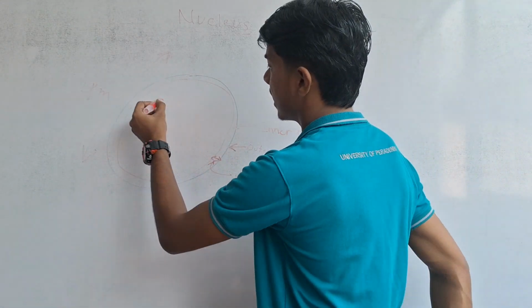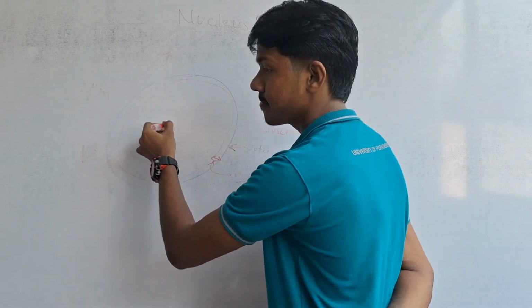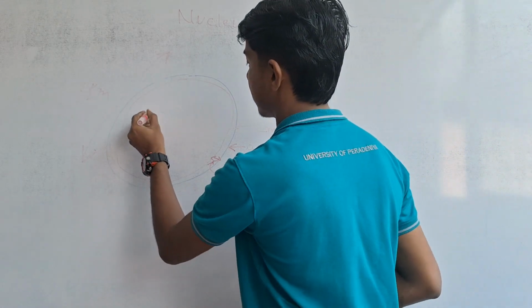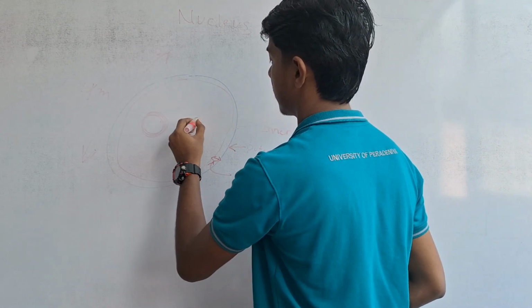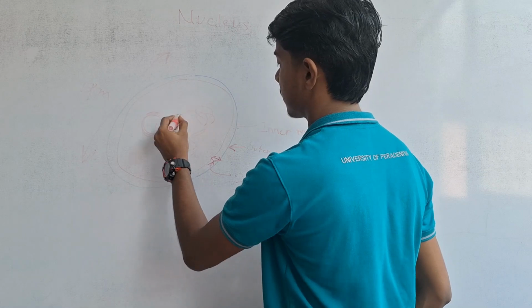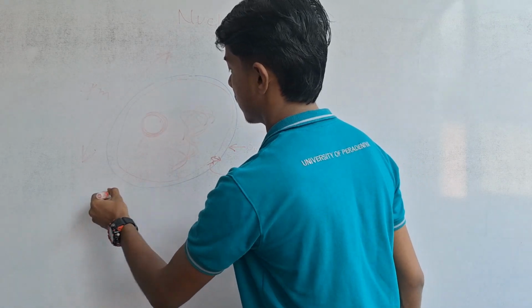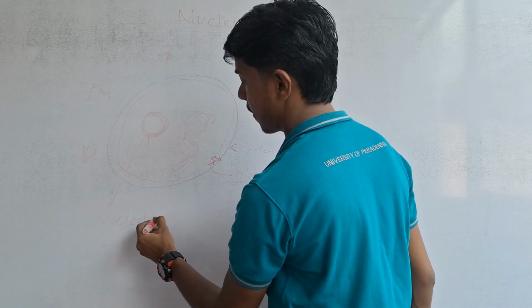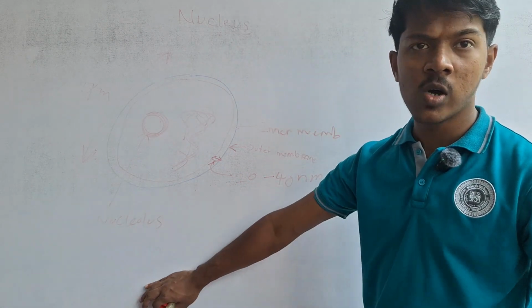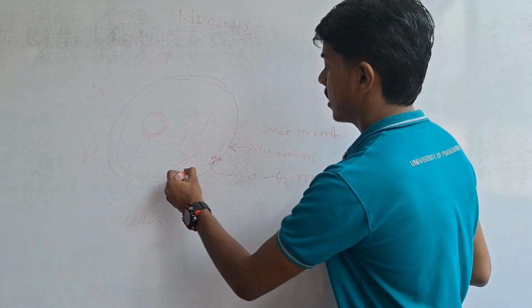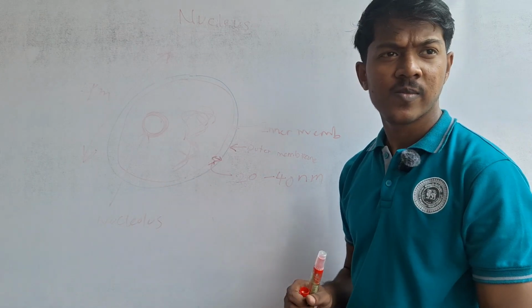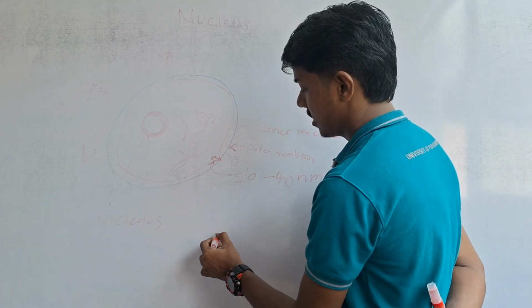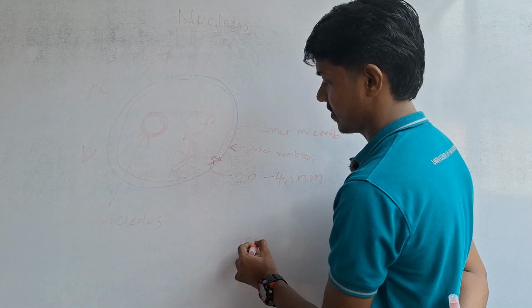Then inside the nucleus, there are two main parts. This one is known as the nucleolus, and this DNA-like structure is known as chromatin.